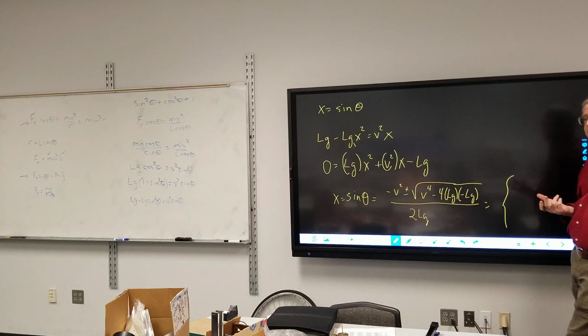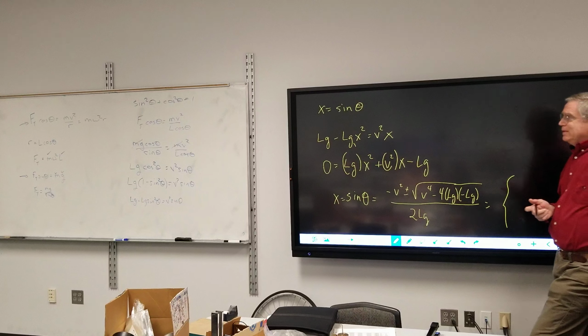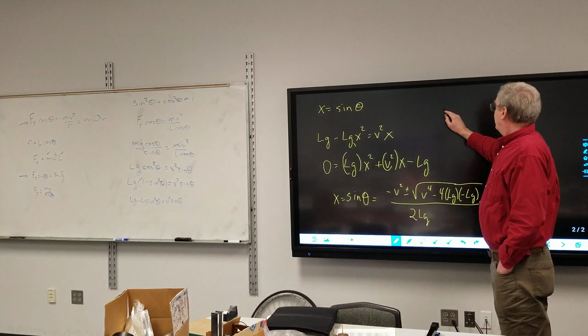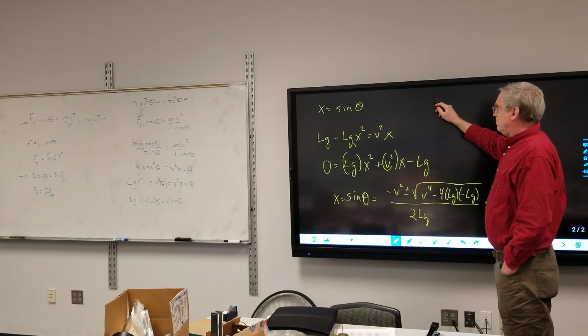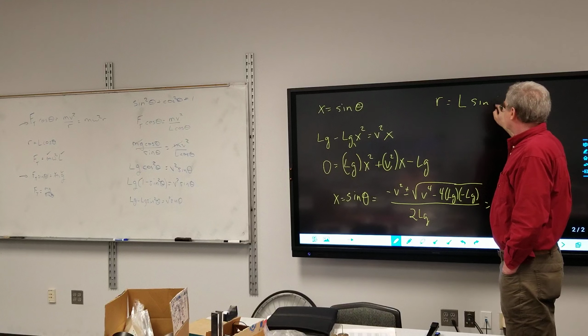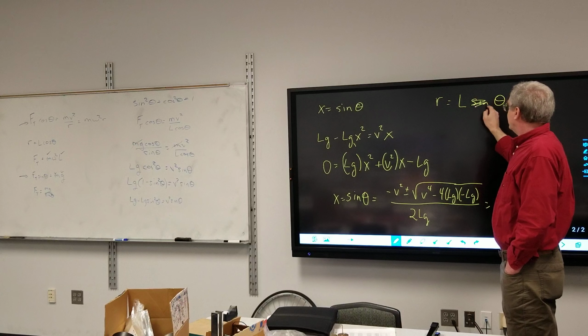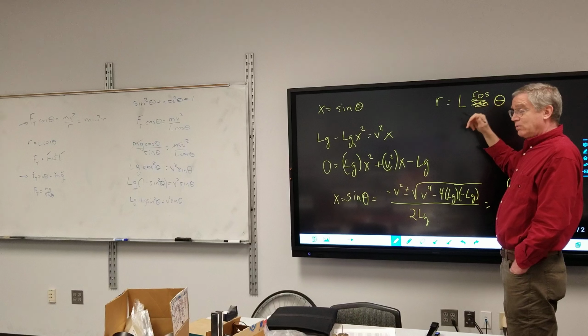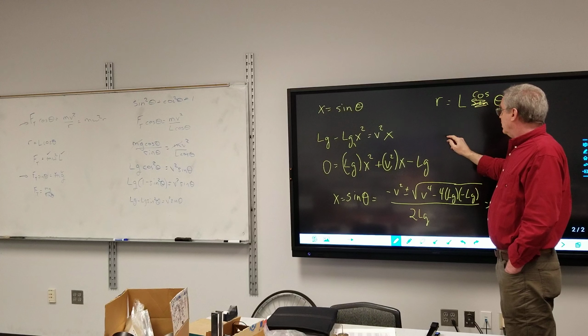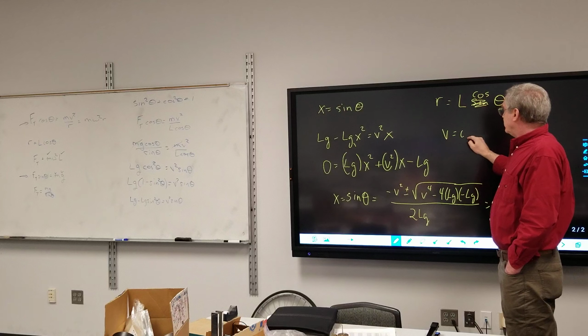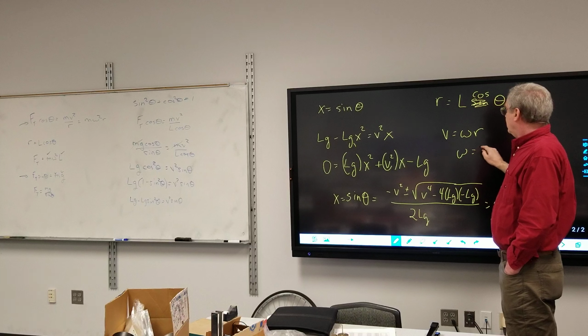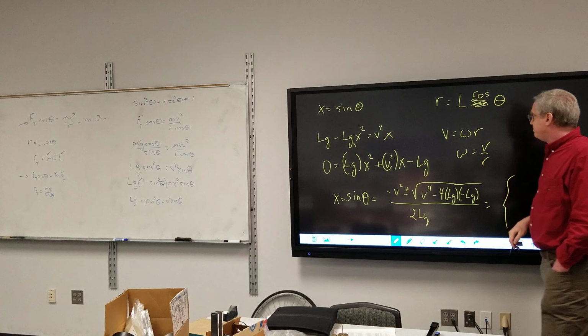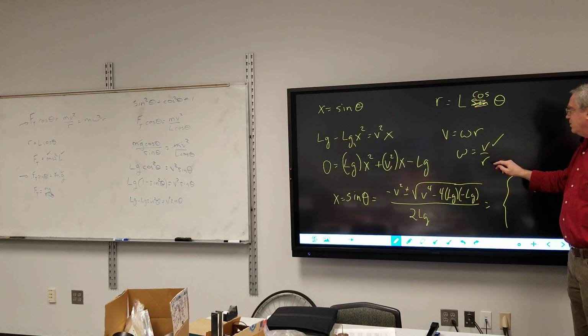All right, so now that I have theta, I know that the radius is L cosine theta. I know L, I know theta now. I can find R, and I know V is equal to omega R, so omega is V over R. V is given, R you just found.